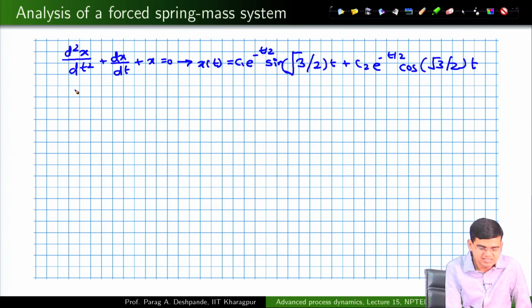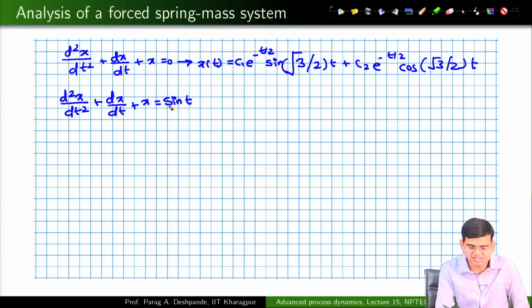And on top of this, now I do this: d2x by dt squared plus dx by dt plus x is equal to sin t.